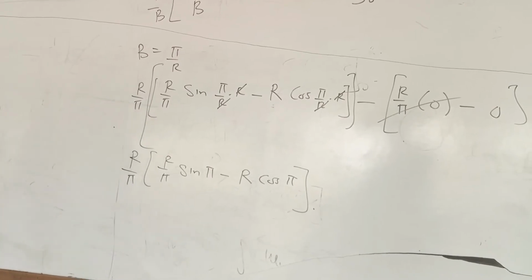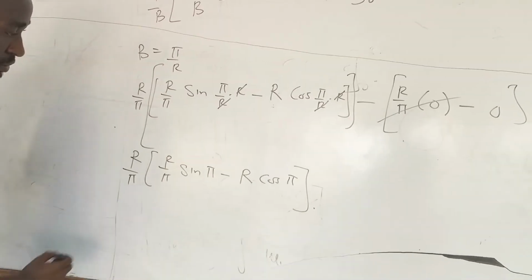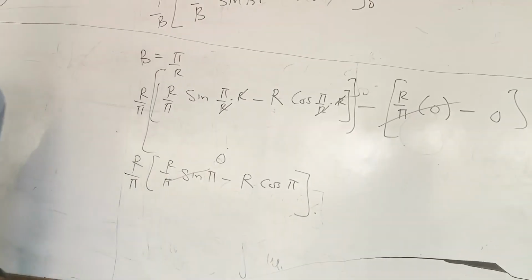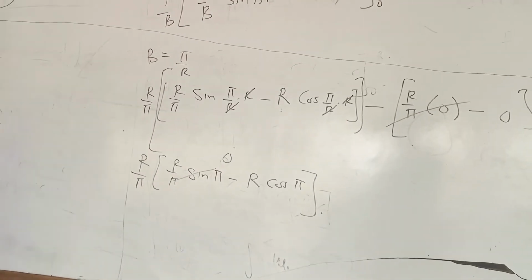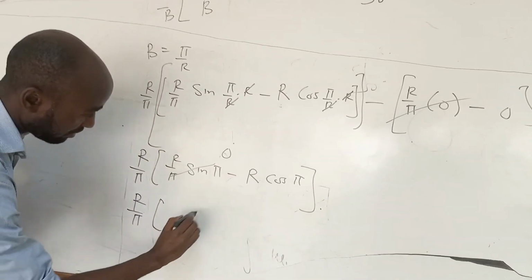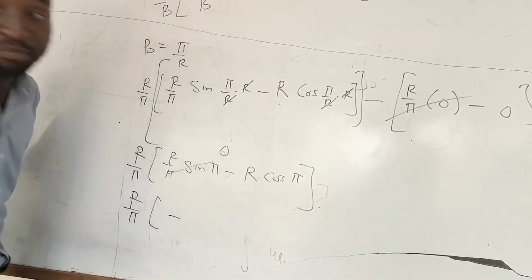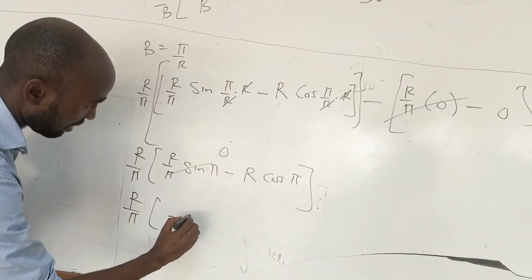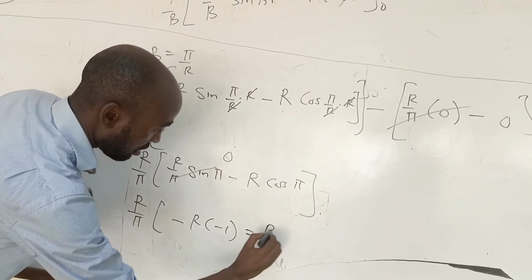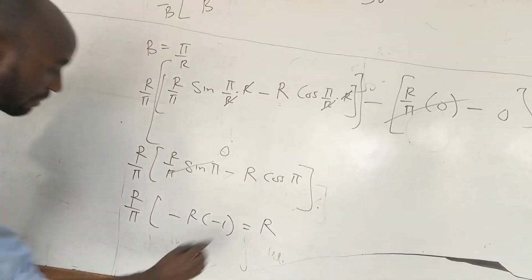Now sine pi is 0. Am I right? Now R over pi, minus cos pi is minus 1, minus R times minus 1. Now what? Am I right?